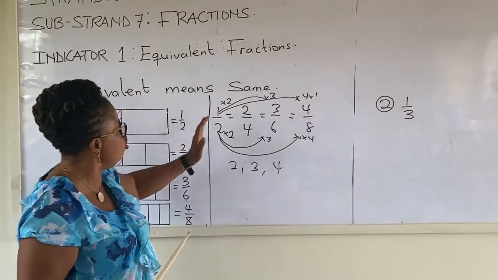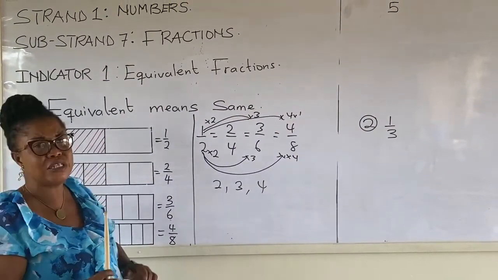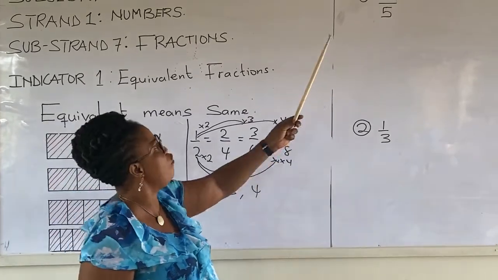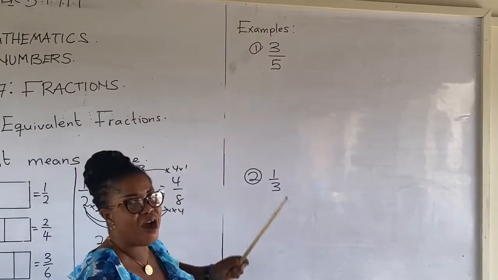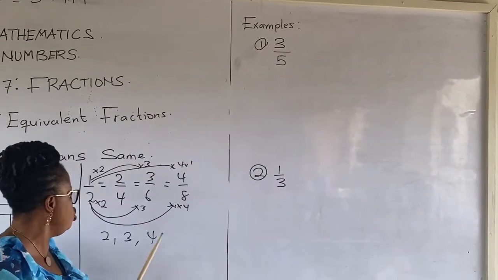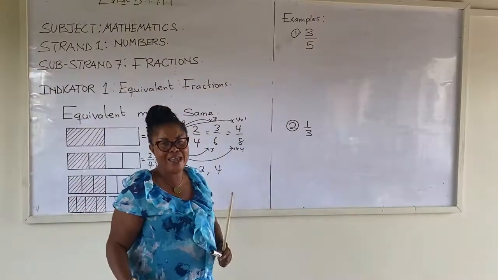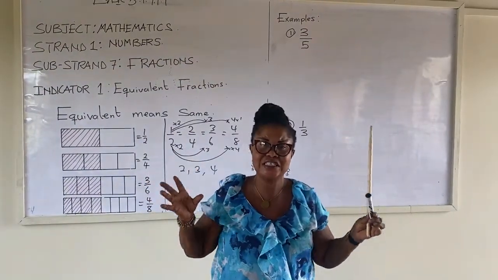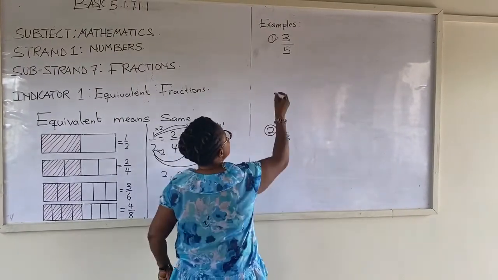Now, we are going to use this knowledge gained here to work out equivalent fractions for these examples. Now, let's look at 3 over 5. We are going to use 2, 3, and 4 because we are going to find 3 equivalent fractions for 3/5. So, our solution.